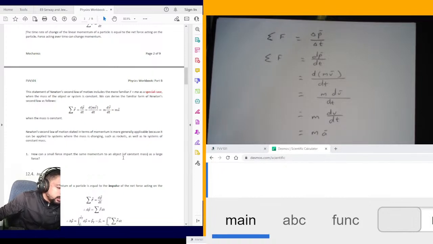Now let's check this out. The object has constant mass, as with a large force.